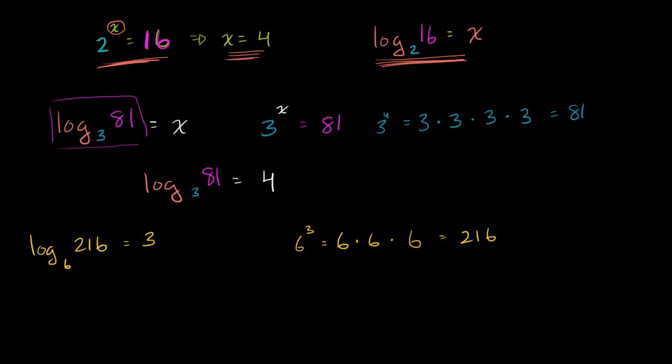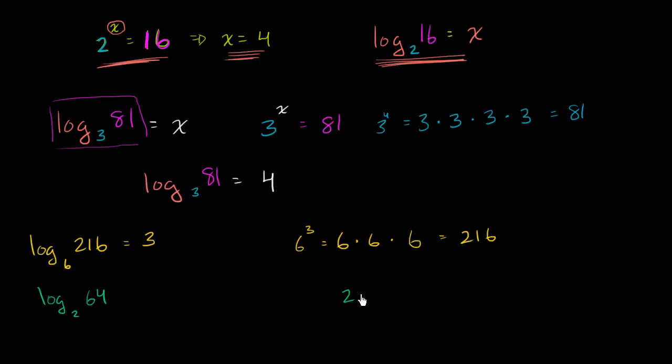Let's try another one. Let's say I had log base 2 of 64. So what does this evaluate to? Once again, this will evaluate to the exponent that I have to raise this base to, and you write the base as this little subscript right here. The exponent that I have to raise 2 to get to 64.